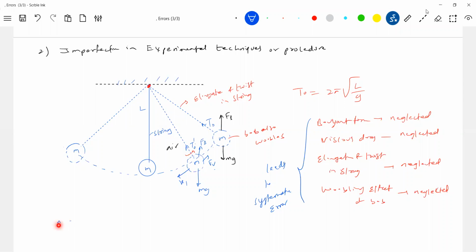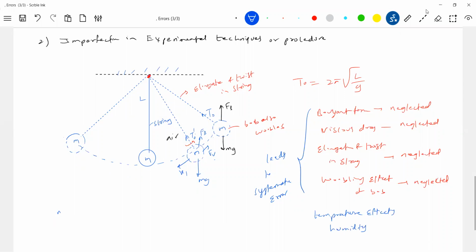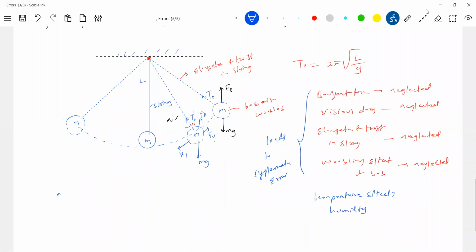Neglecting these, I'll put it here now: temperature effects, humidity, wind speed. Even when you switch on a fan, air will blow, and it will also have an effect. So all these are neglected. Due to this negligence, a systematic error will come.